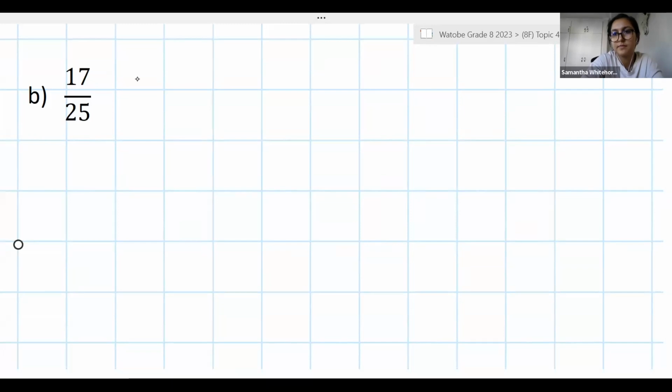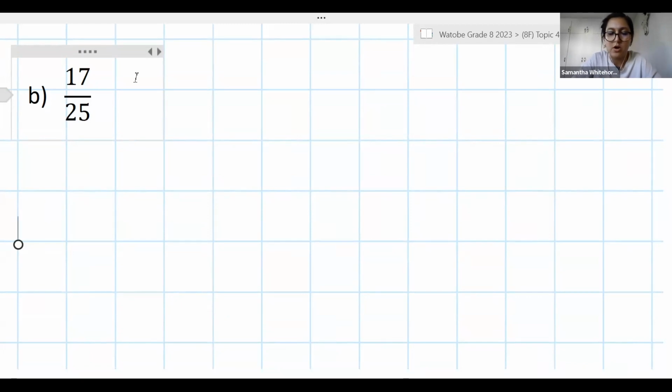So we'll say that 34 divided by 50. We say we move to the left with 1 decimal place because it is our 0, 1 decimal. So it is 0.68.